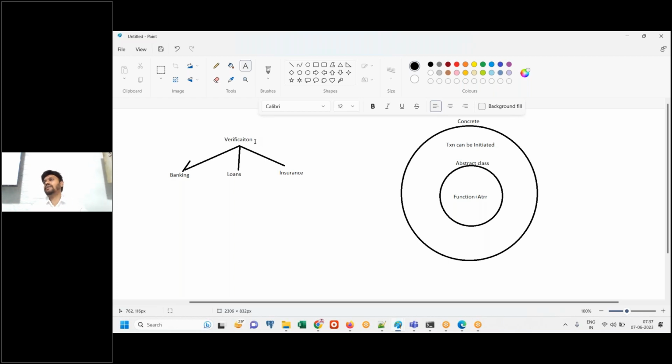But why are we not doing that? Why are we strictly creating this as an abstract class? Why are we not creating it as concrete? What could be the problem if this is concrete? If I make this a concrete class, my business will run as usual. There won't be any impact at all.